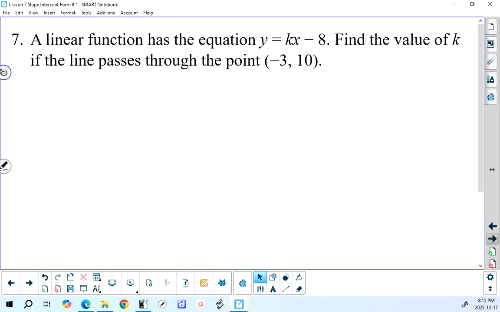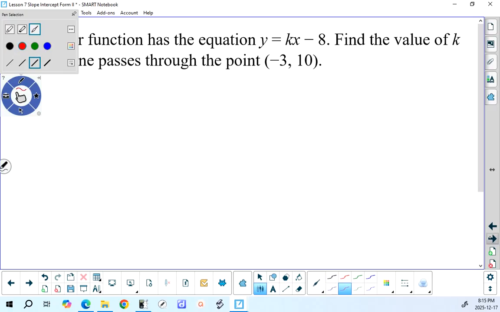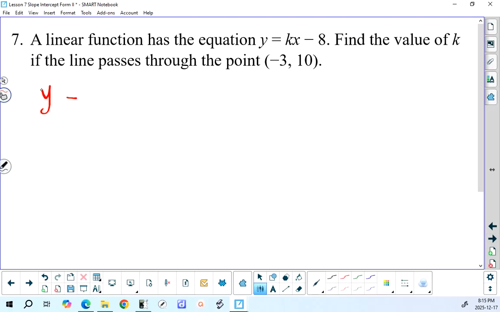And the final example, a linear function is y equals kx minus 8. Find k. Well, k is a missing parameter. K is really the slope, but you're going to find from time to time in high school math, people try to trick you, and instead of putting, say, m for slope, they use a letter like k.